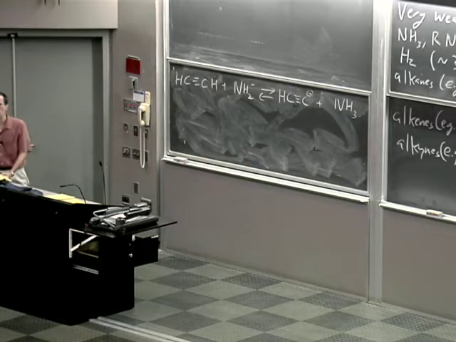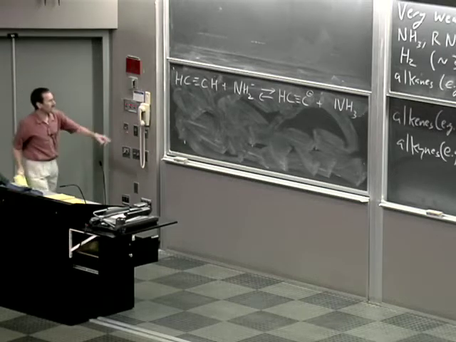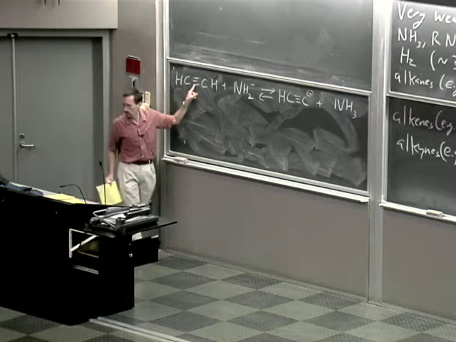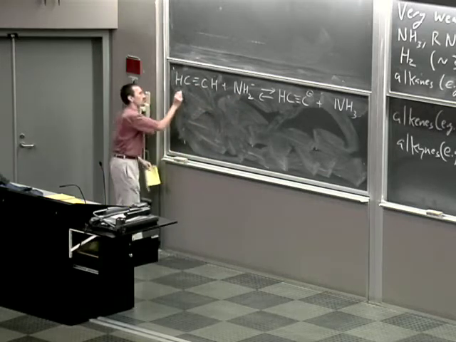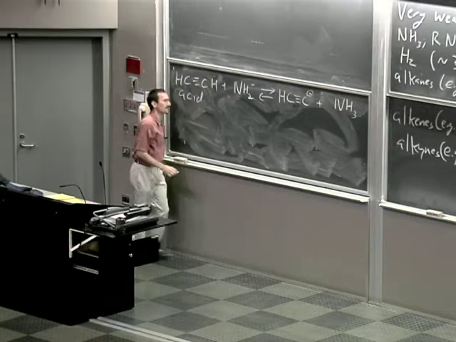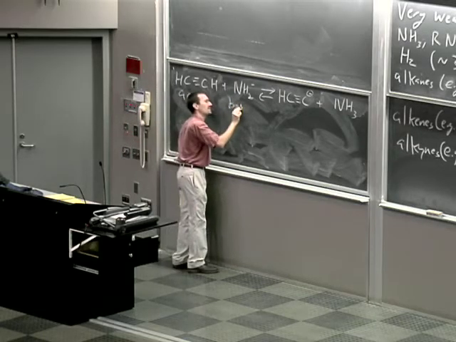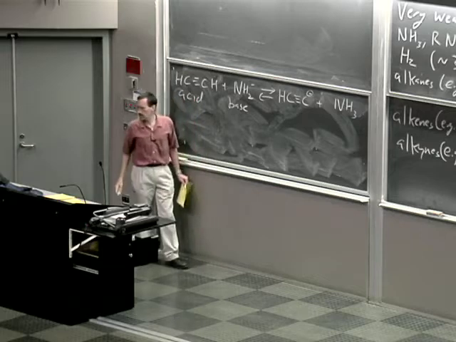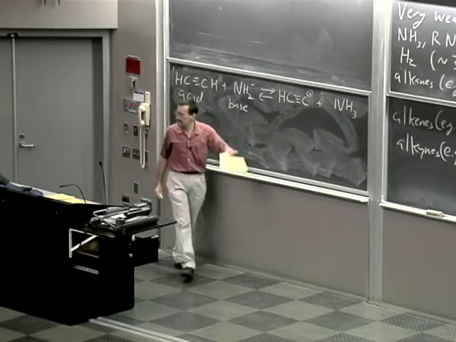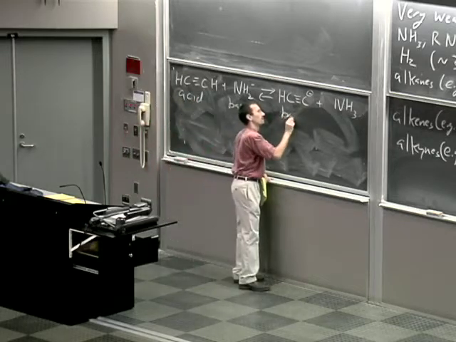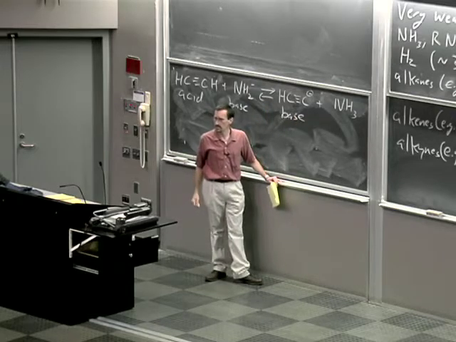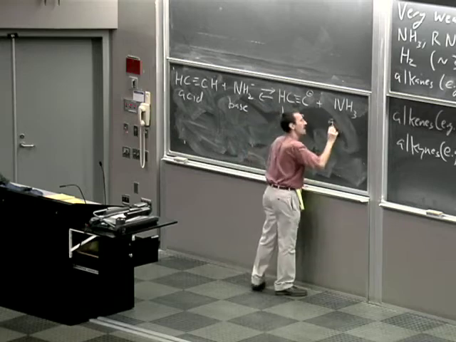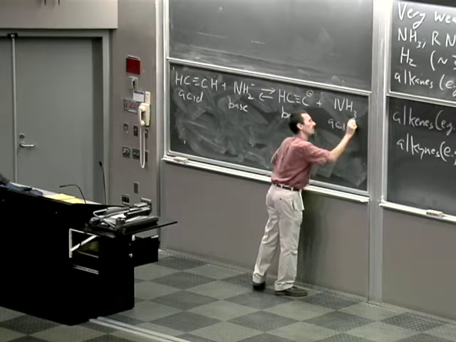This reaction too is an acid-base equilibrium. Acetylene donates a proton to amide anion, so acetylene acts as an acid, amide acts as a base. We generate the conjugate base of acetylene, acetylide anion, and the conjugate acid of amide anion, ammonia.